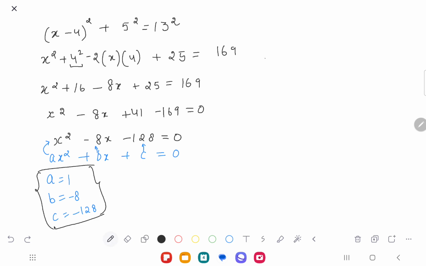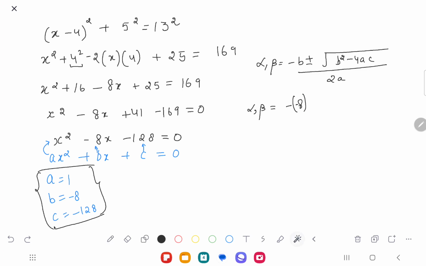So we have alpha, beta equals minus b plus minus under root of b square minus 4ac, over 2a. So alpha comma beta shall be what? Minus b, b is minus 8. So I have minus already in the formula, and minus 8 I will be keeping here, plus minus under root of b square.